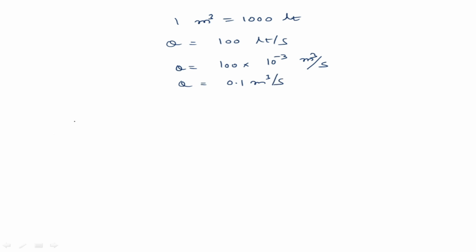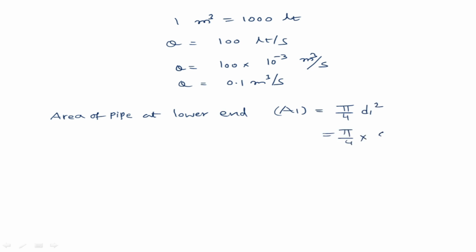Find the area of the pipe at lower end. A1 is equal to pi by 4 into D1 square. Pi by 4 into 0.625 whole square. Therefore A1 is equal to 0.306 square meter.